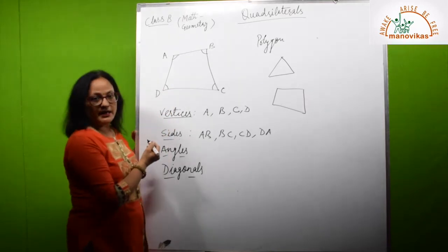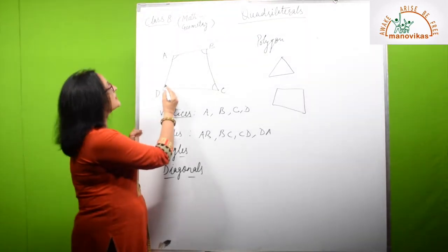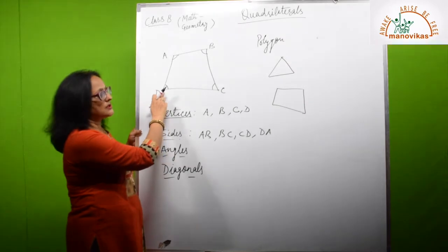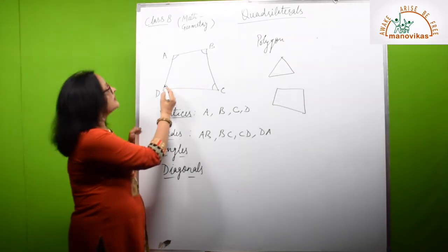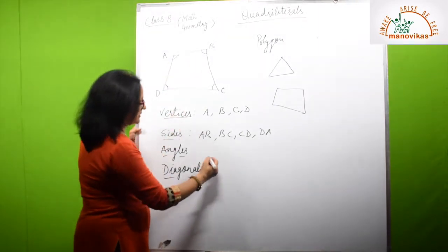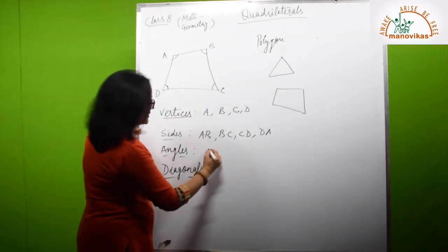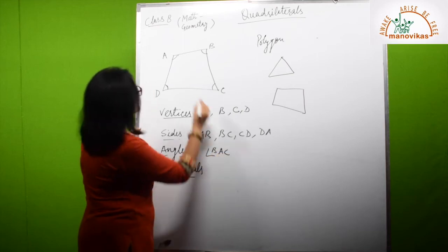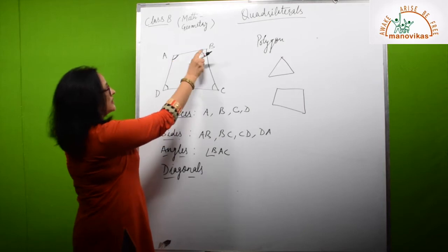After that, angles. So what are the angles? When two sides meet at a point, they form an angle. So in this quadrilateral, there are four angles. Angle BAC, this angle.